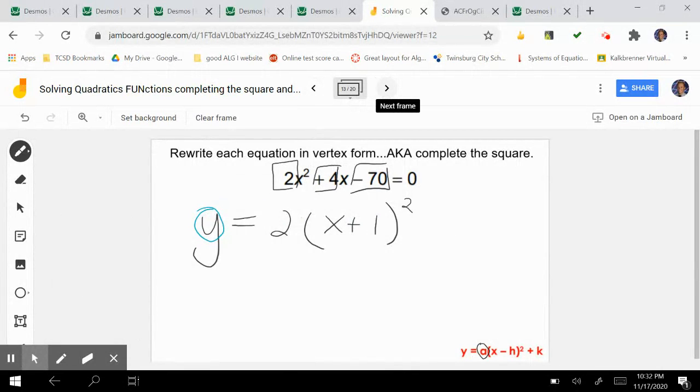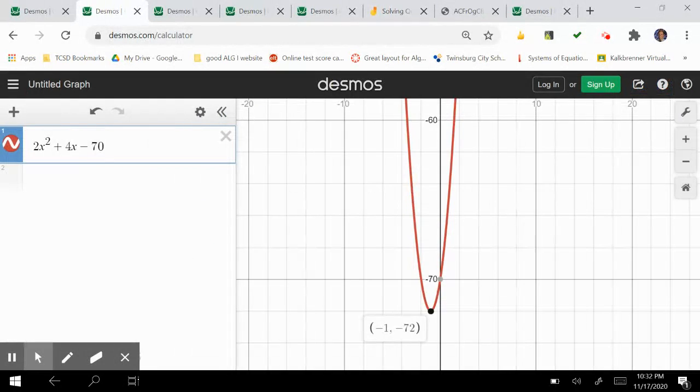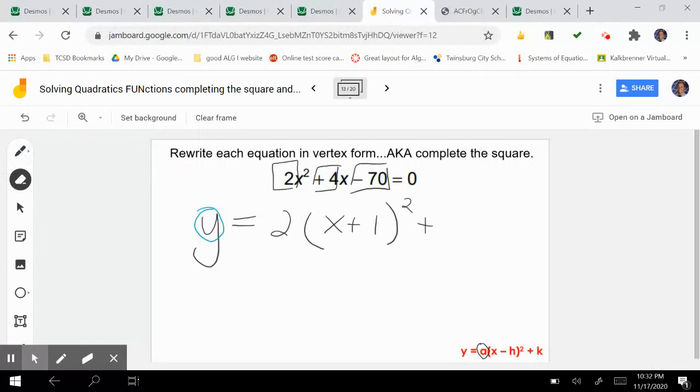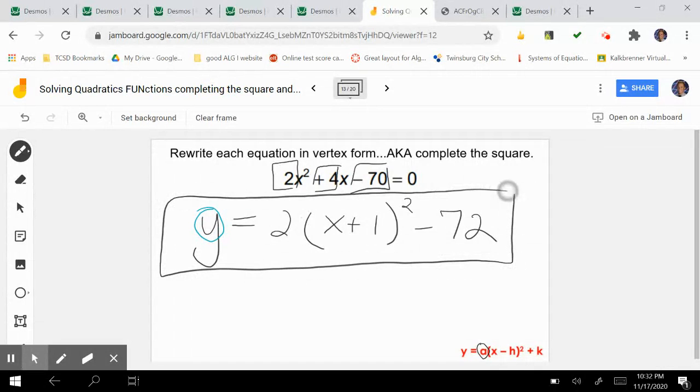And then what do I put? I put my plus k. What's my k value here? Negative 72. So actually that's not going to be plus negative, just because we're going to look official here, minus 72. So again, if I rewrite this in equation form, vertex form, I have it right here.